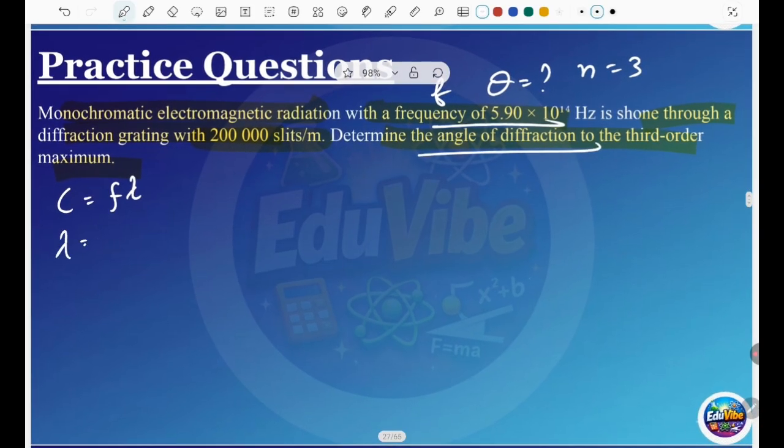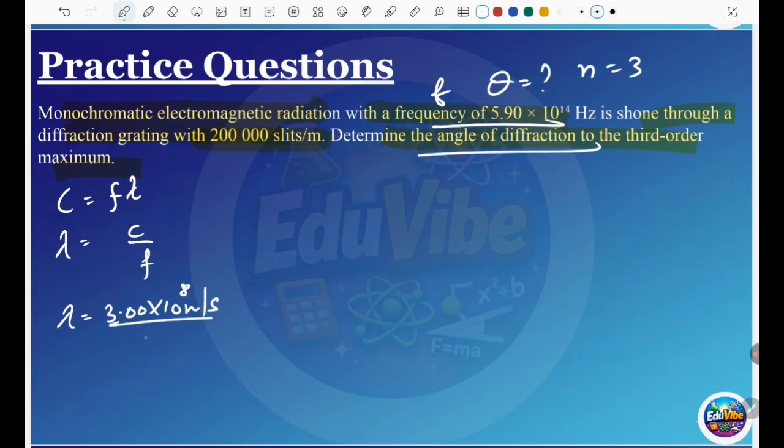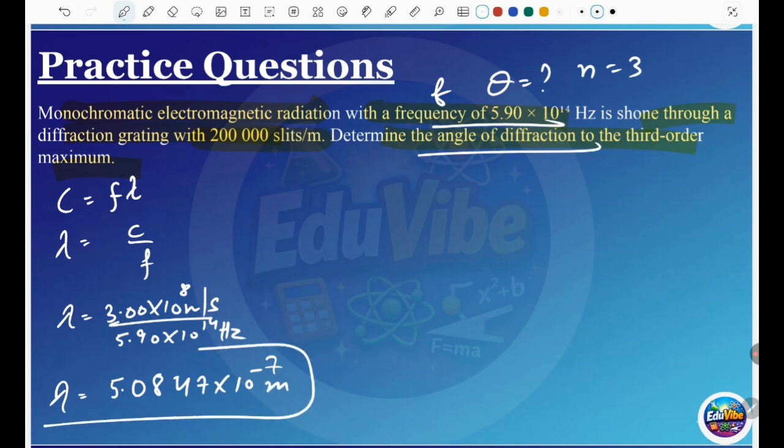So from here you can solve for the wavelength, which is c upon f. So wavelength is equal to 3.0 times 10 raised to power 8 meters per second divided by 5.90 times 10 raised to power 14 hertz. You get your wavelength of about 5.0847 times 10 raised to power minus 7 meters.